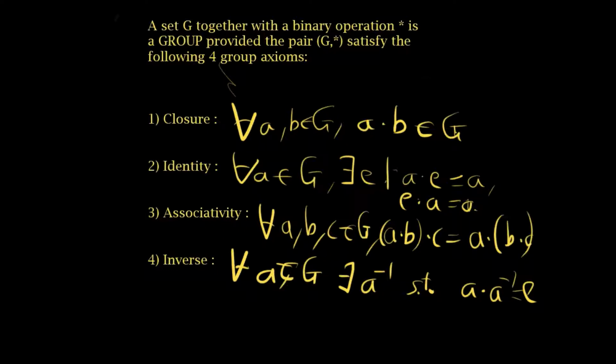So every element has an inverse element which composes with it to give the identity. And any set which has a binary operation defined on it and satisfies these four axioms is a group. Okay, so we covered the idea of the order of a group.